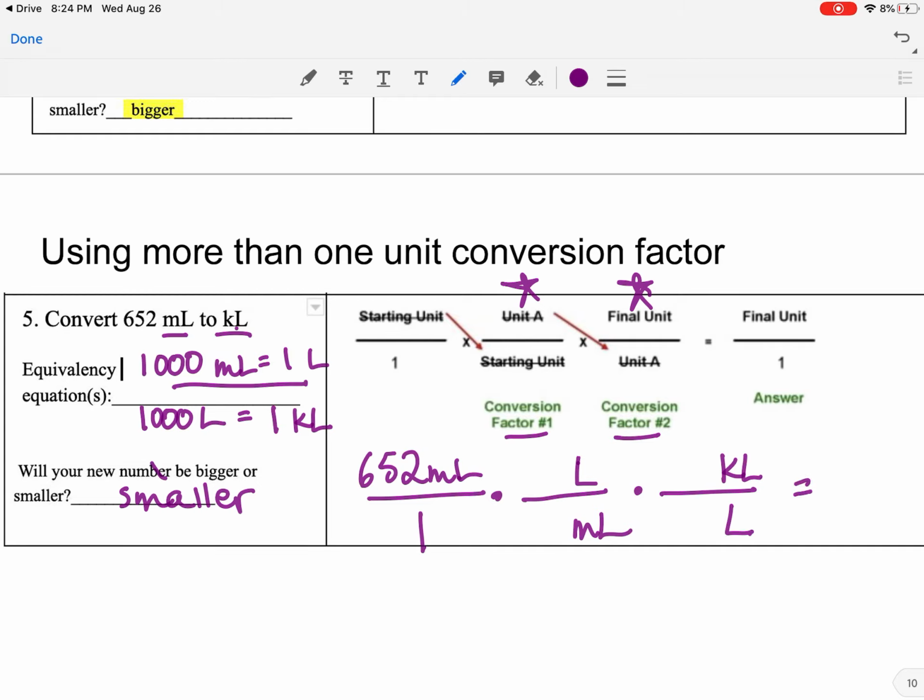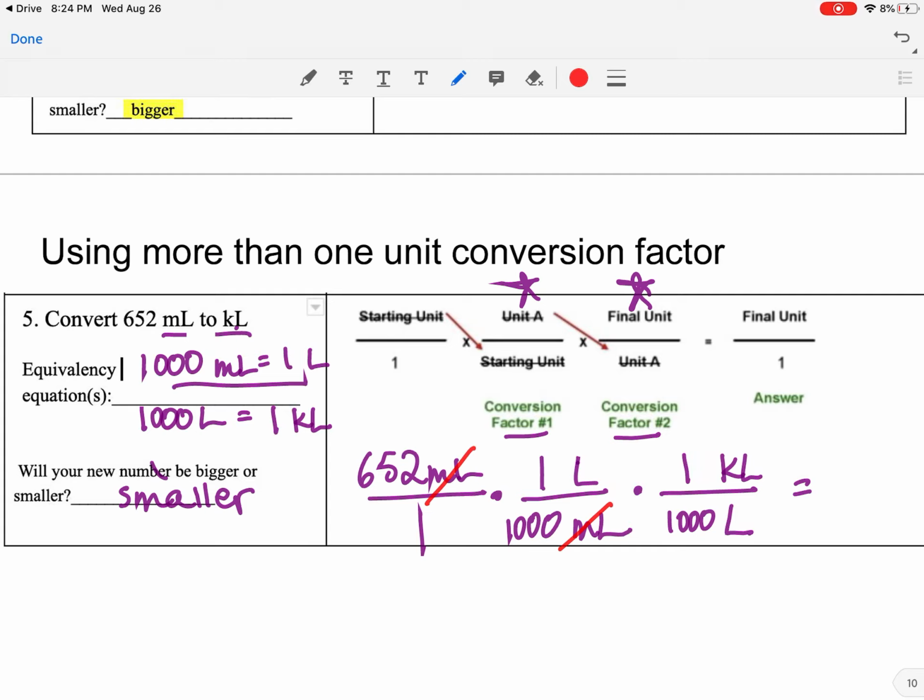Step 3 is we're going to place our numbers. We know that there is 1 liter in 1,000 milliliters, so the 1 has to be on top next to the liter. And we know that 1,000 liters makes up 1 kiloliter. Now we get to do our favorite part, canceling the units.